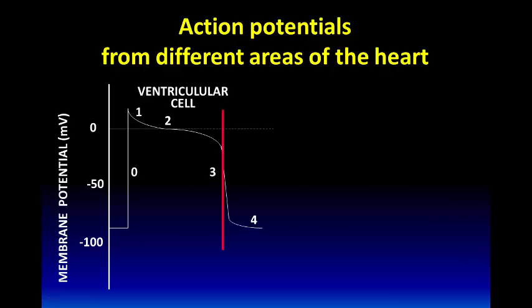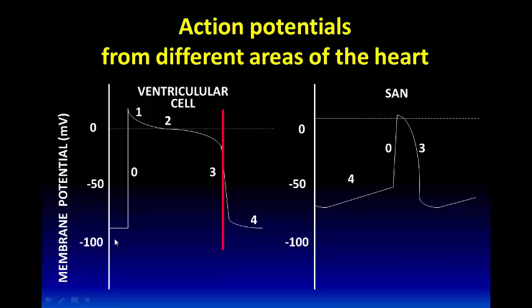So this is a fast response action potential recorded from a ventricular myocyte when the myocyte is excited. It is called a fast response action potential because this is the resting membrane potential.